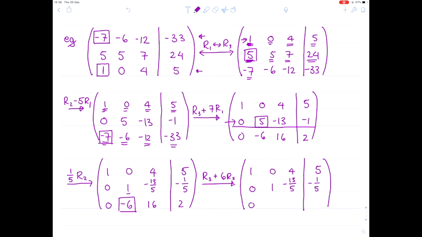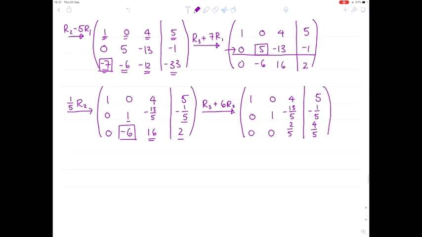So our 0 doesn't change. Now we've got minus 6 plus 6, which is 0, and we've got 16 minus 13 over 5 times 6, and if you work that out, you will find you get 2/5, and if you say 2 minus 6 over 5, you should get 4/5.